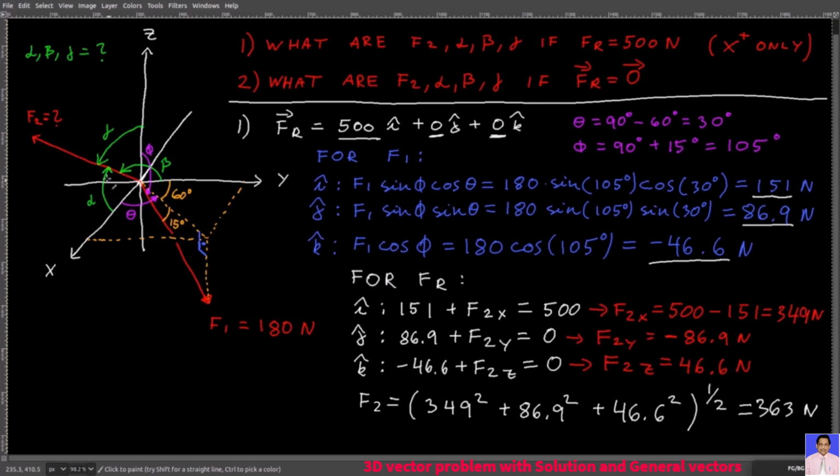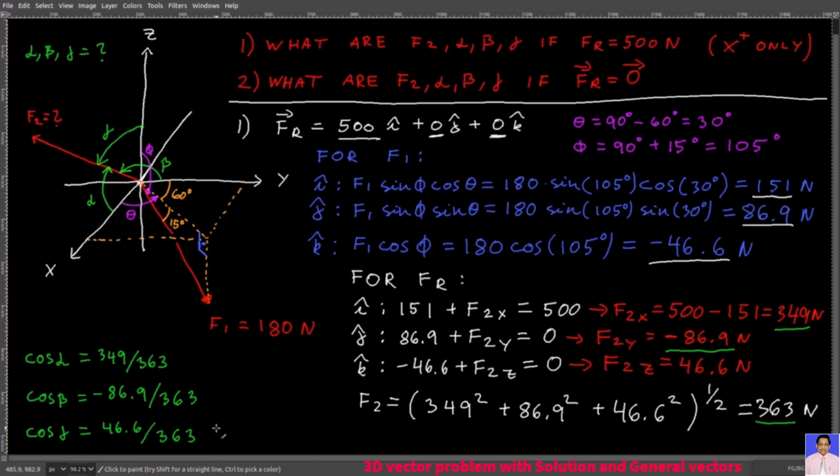And then you calculate the coordinate direction angles like this. Cosine alpha equals 349 over 363. Then cosine beta, that's minus 86.9 over 363. And cosine gamma equals 46.6 over 363.